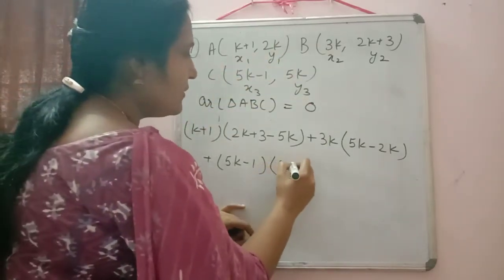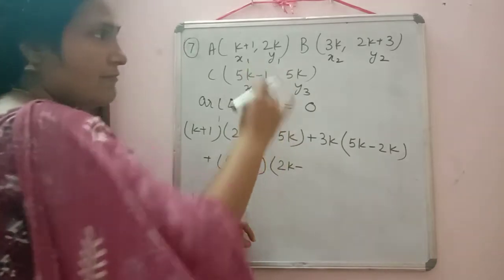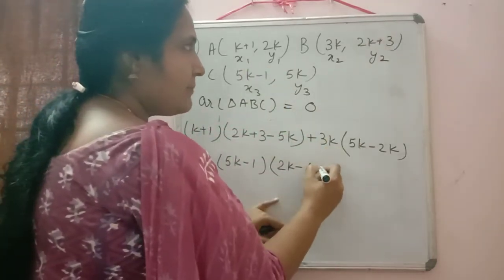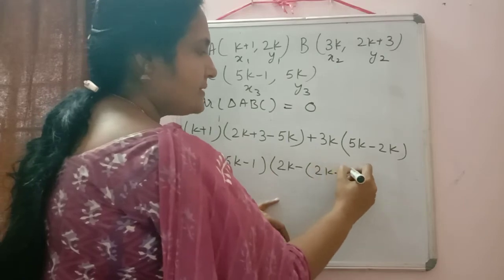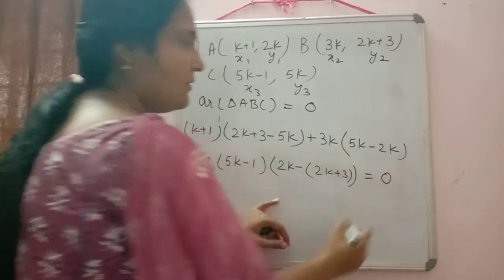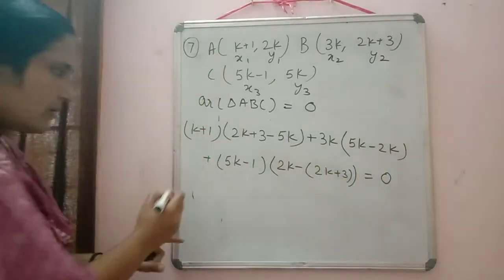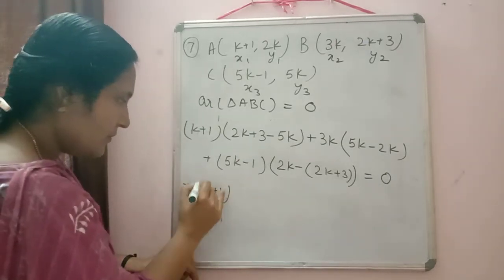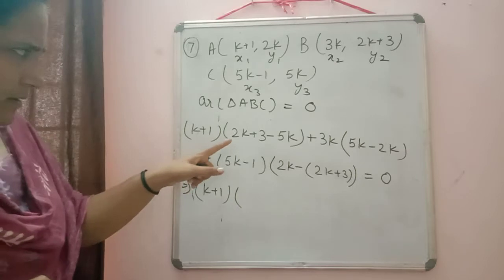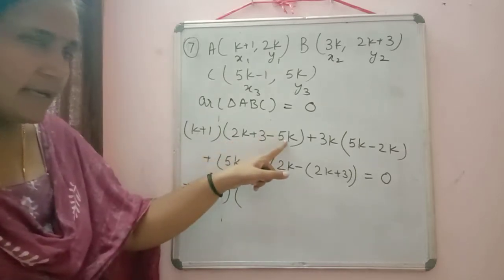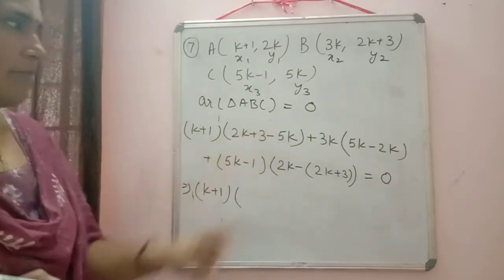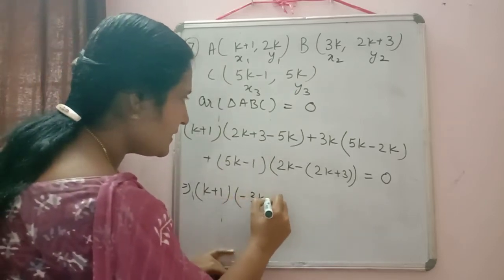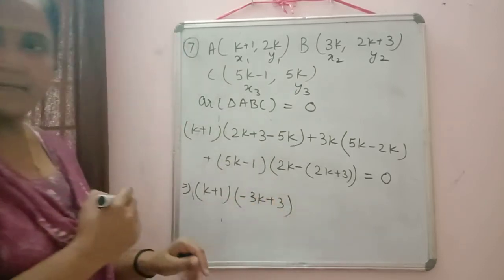So it will be 2K minus, and after the minus sign, if 2 terms are there, always put the bracket, 2K plus 3, equal to 0. Now here we will check what will come. K plus 1 into 2K minus 5K. 2 minus 5 will be equal to minus 3. So we are getting here minus 3K plus 3.